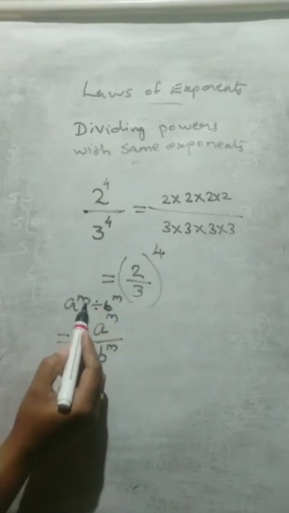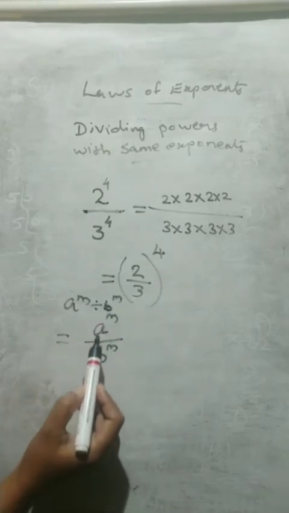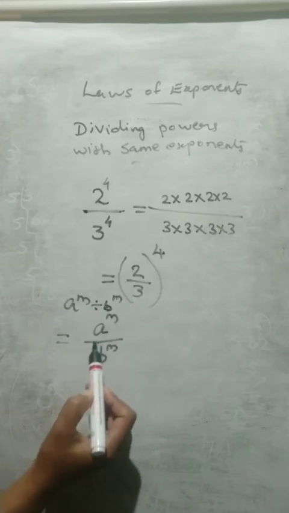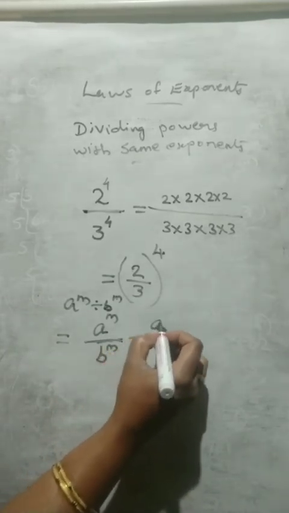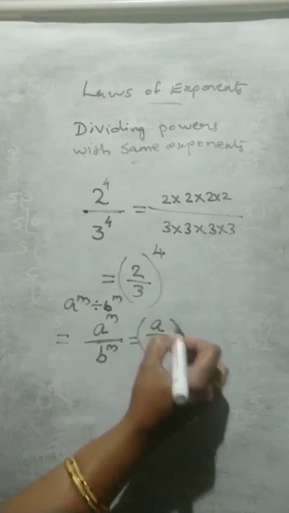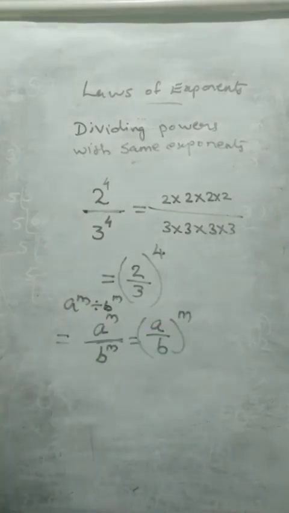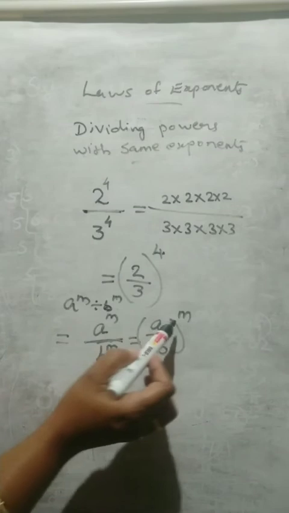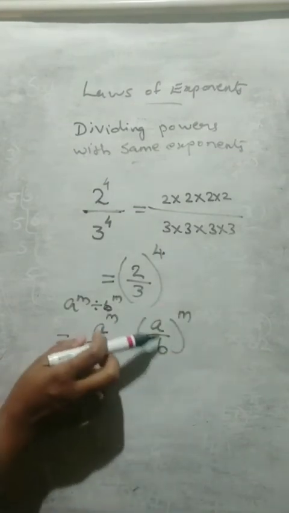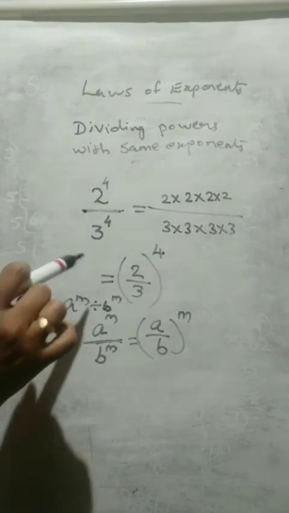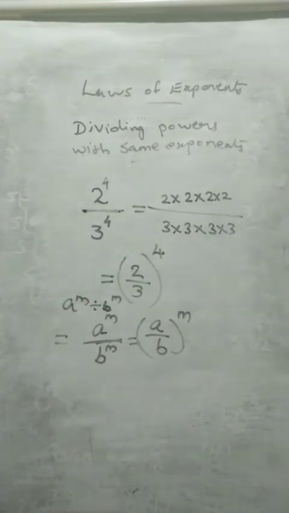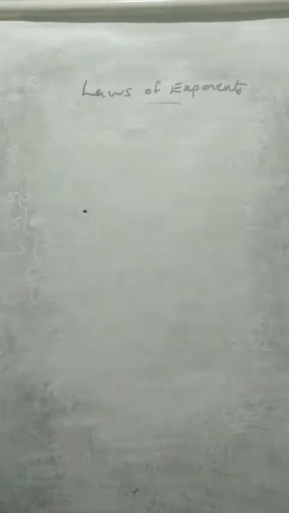A raised to m divided by b raised to m is equal to a raised to m by b raised to m, that is equal to a by b the whole raised to m. The power will be common for both numerator and denominator. But one thing, the power should be the same. Then one more.